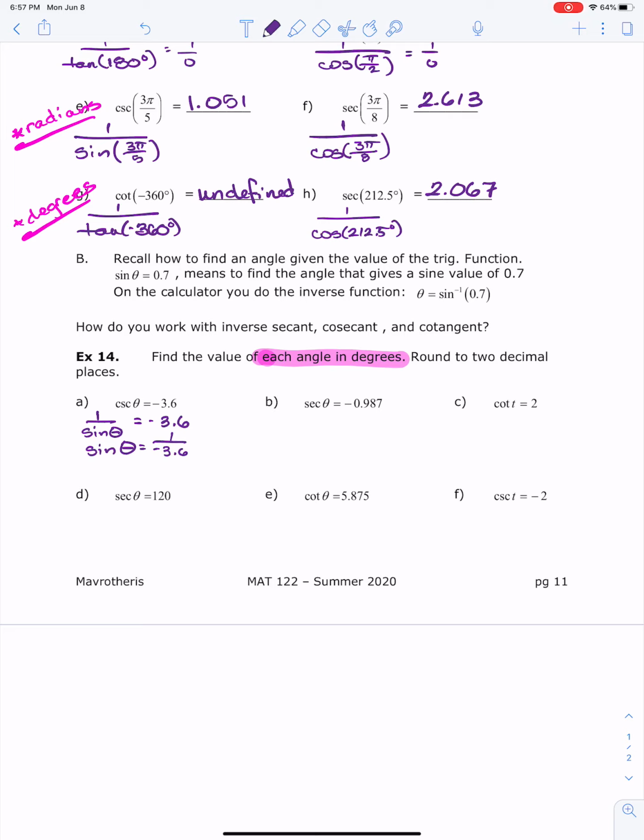We undo sine by using inverse sine, so our theta is going to be the inverse sine of 1 over negative 3.6, or negative 1 over 3.6. And what we get here is 16.13 degrees. It did say 2 decimal places, so I want to make sure that I do that.